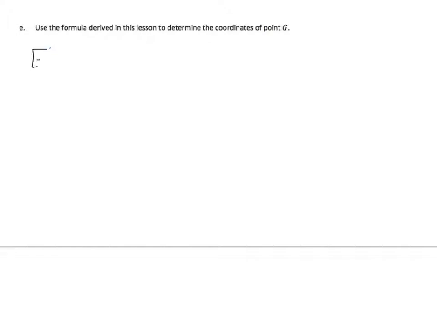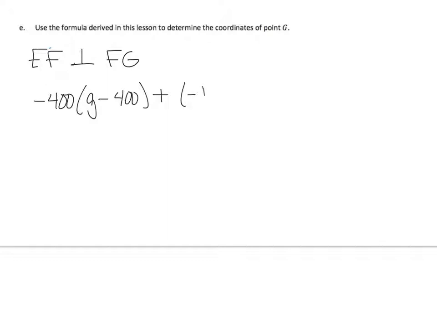We know that EF is perpendicular to FG. So we're going to do EF, so negative 400 times G minus 400 plus F negative 1200, let's get my bearings, times negative 600. So big numbers, equals 0.